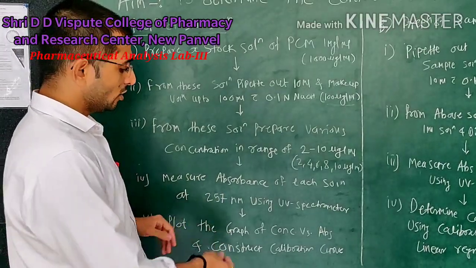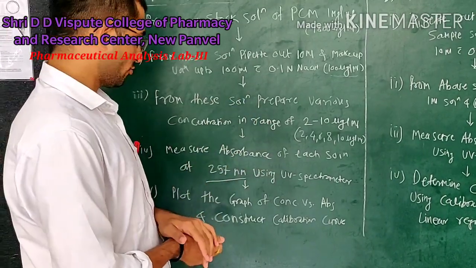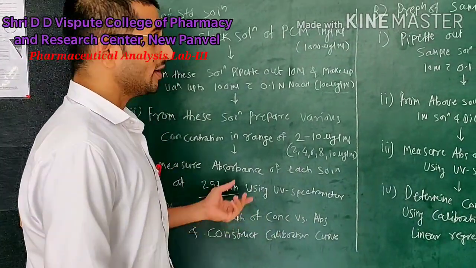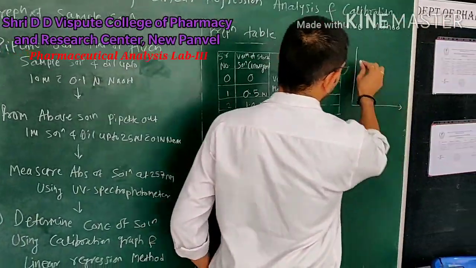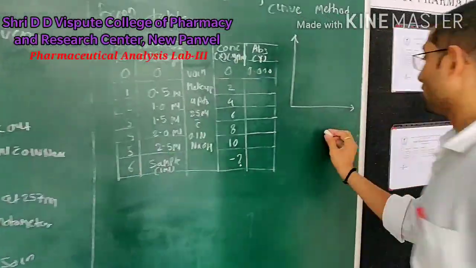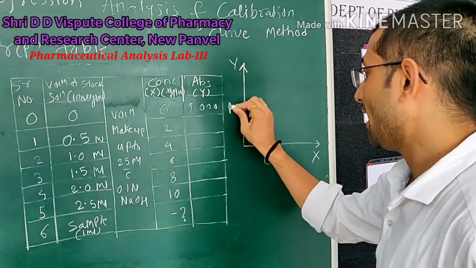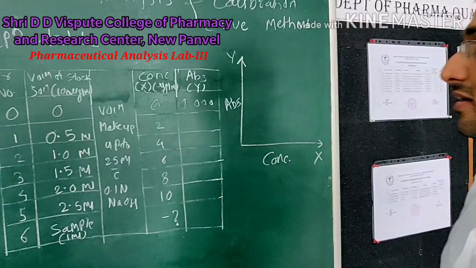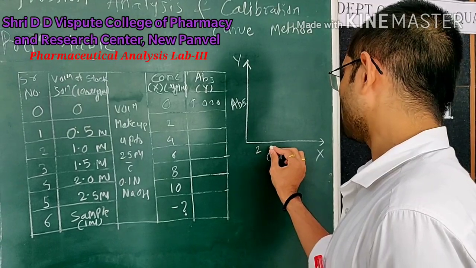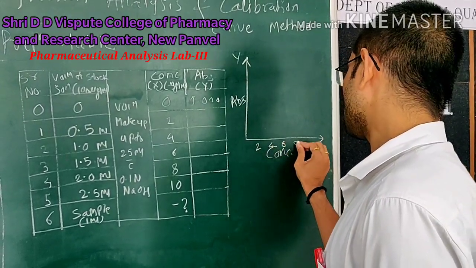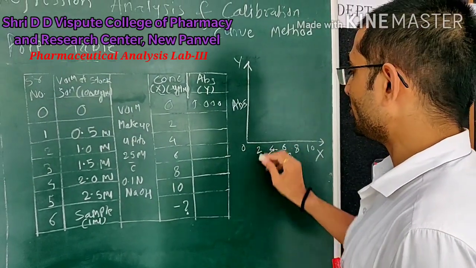Then measure the absorbance of the 2, 4, 6, 8 and 10 microgram solutions at 257 nanometer using a UV spectrophotometer, and construct the calibration curve with concentration on the x-axis and absorbance on the y-axis.